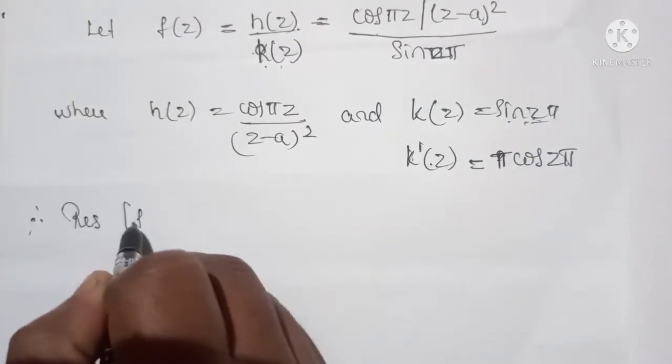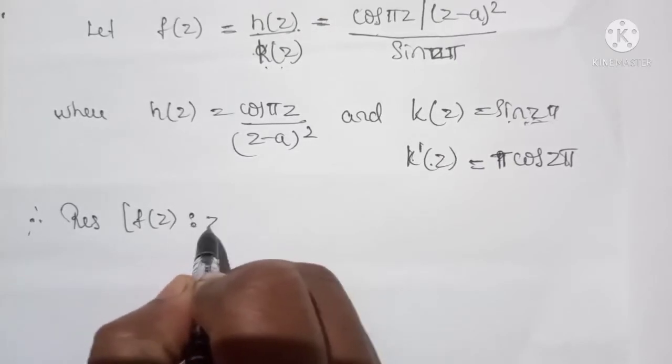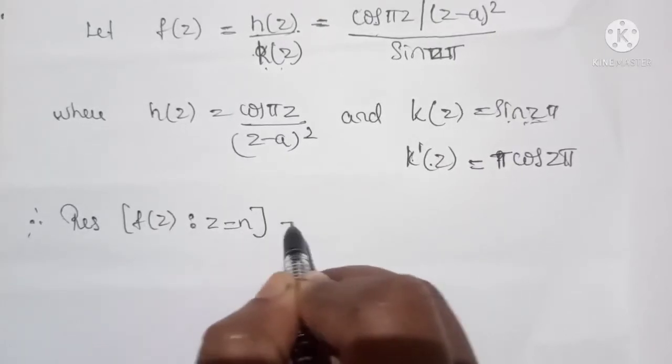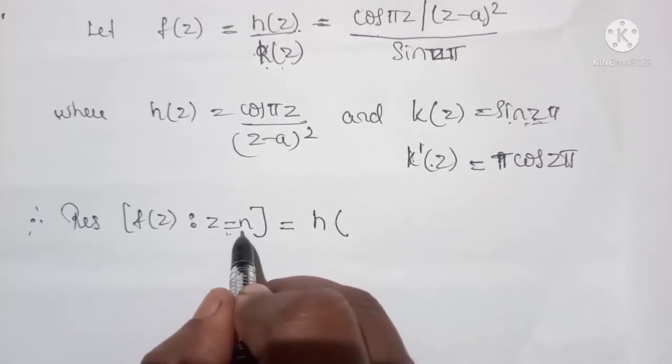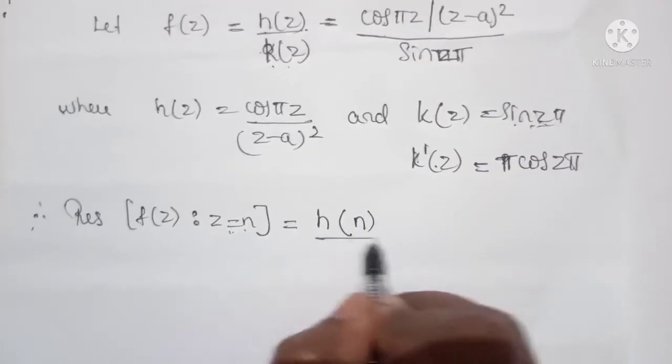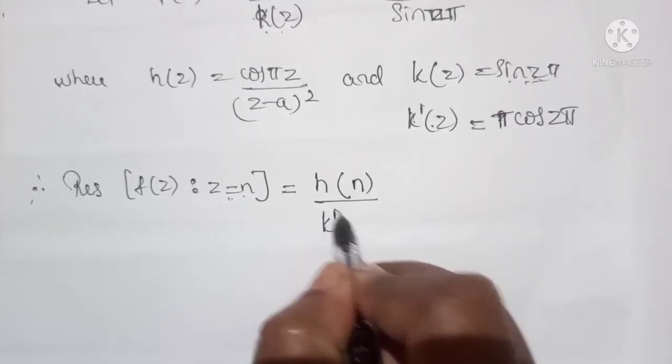Therefore the residue of f of z at z equals n is h of n divided by k dash of n.